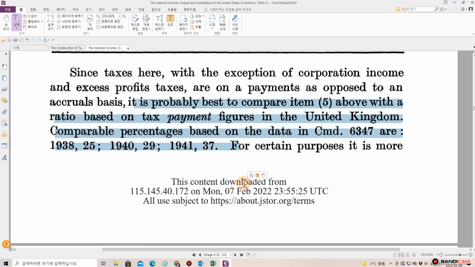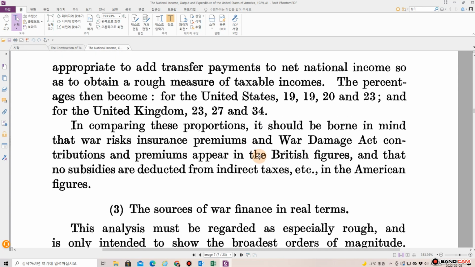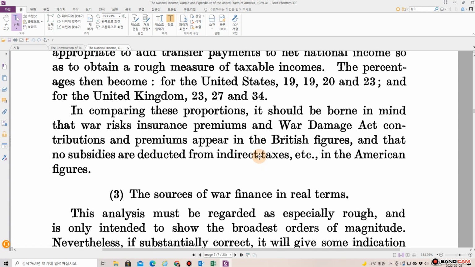Comparable percentages based on the data in Cmd. 6347 are 1938 to 41, 37. For certain purposes, it is more appropriate to add transfer payments to net national income so as to obtain a rough estimate of taxable incomes. The percentages then become, for the United States and the UK, the items mentioned here.